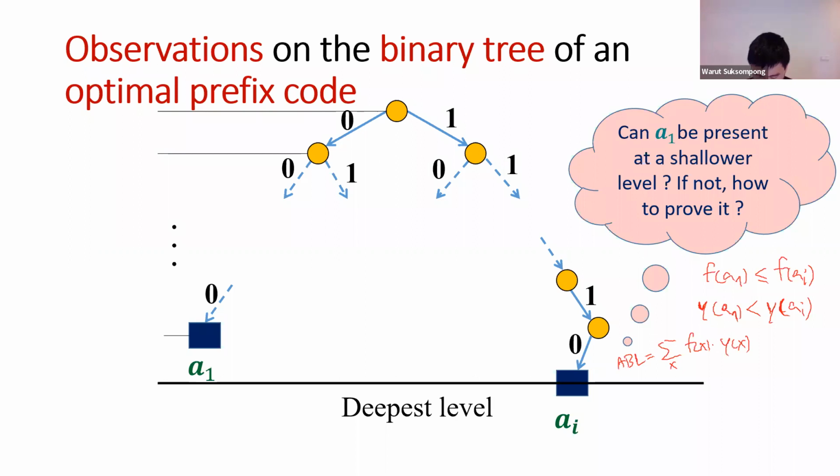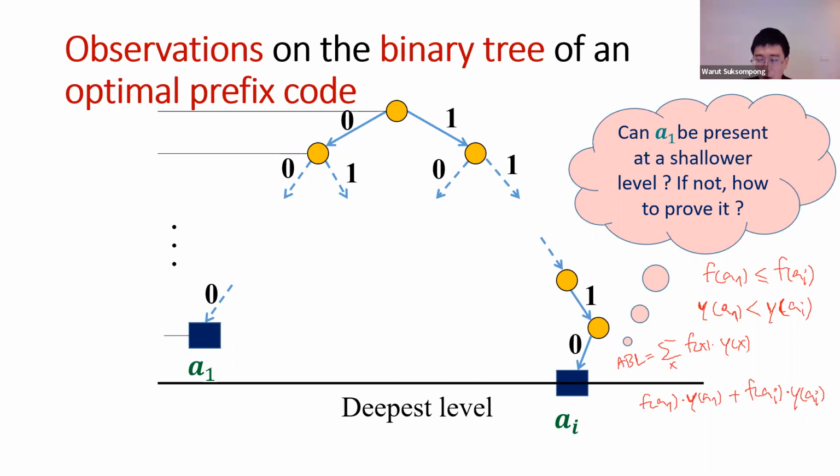Currently we have f of A1 times gamma of A1, plus f of AI times gamma of AI. These are the relevant terms, because the other terms, for A2, A3, every term that's not A1 or AI, do not change even if we swap A1 and AI.